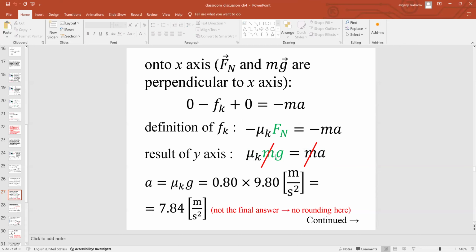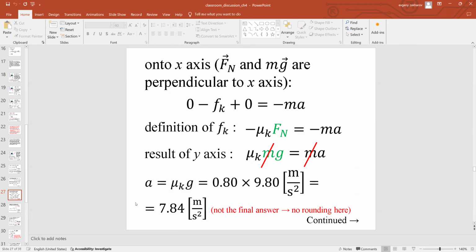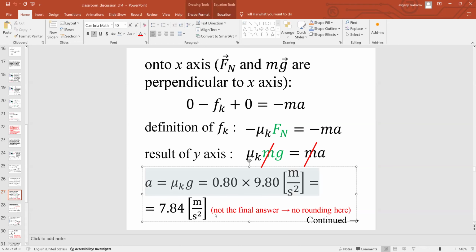So we substitute normal force with mg, multiply both sides by -1 to get rid of the negative sign. And once again, fun fact, mass cancels on both sides, and we have acceleration that is mu g. We did that before, same equation again. It's not the final answer, so no rounding here.